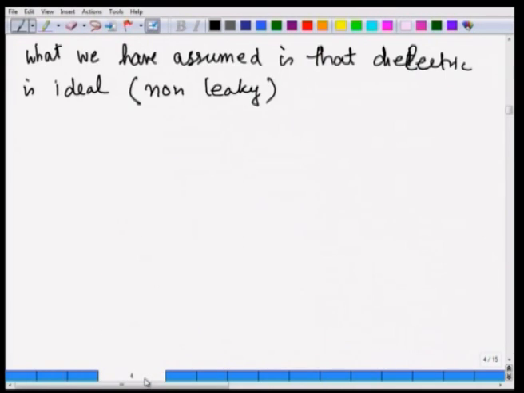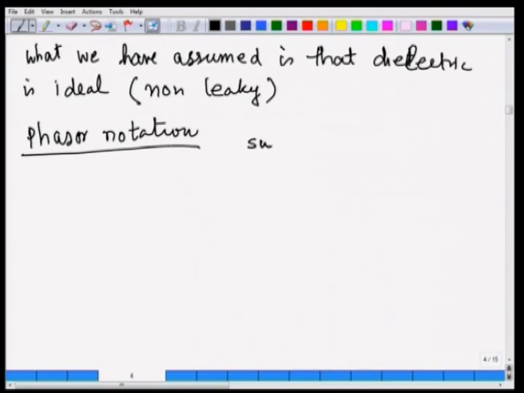Now I will introduce you to what is known as phasor notation, which you would have done before also.